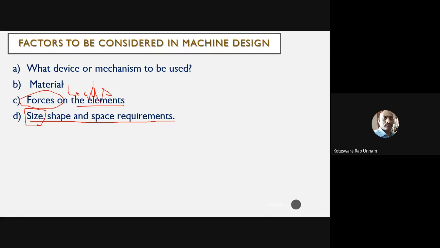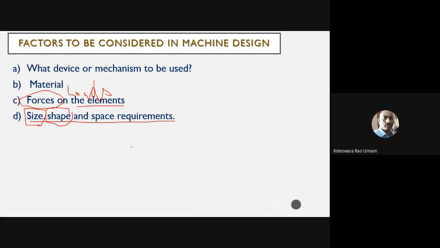Similarly, shape also matters sometimes. If I take the example of the shaft again, the shaft may be produced in different shapes. I can have a circular cylindrical shaft, meaning a circular cross section. I can have a shaft with a rectangular or square cross section, or for that matter some other cross section also. But he has to evaluate the merits of the different shapes, and only then finalize it.